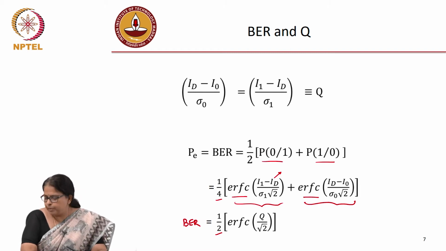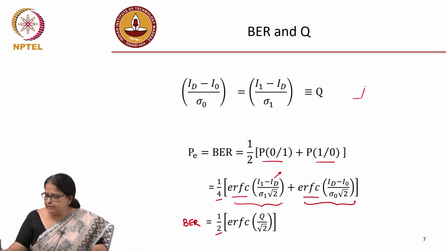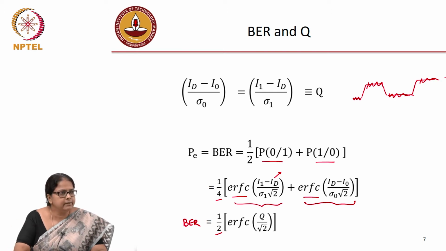The relation is so powerful that if I receive a noisy set of ones and zeros, all I need to do is some statistics to find the probability of receiving a 1 and the probability of receiving a 0. From that I get my I1 and I0.